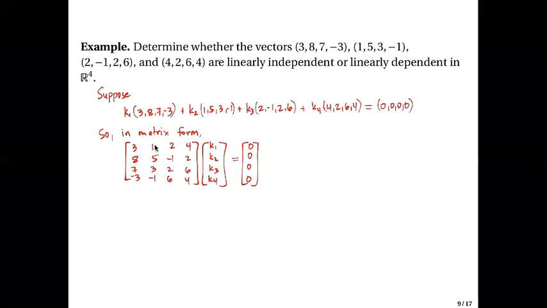The entries in the second column are multiplied to the second entry of the vector here. The entries in the third column are multiplied to the third entry, and the entries in the fourth column are multiplied to the fourth entry. And that's what you have in this equation. Okay?